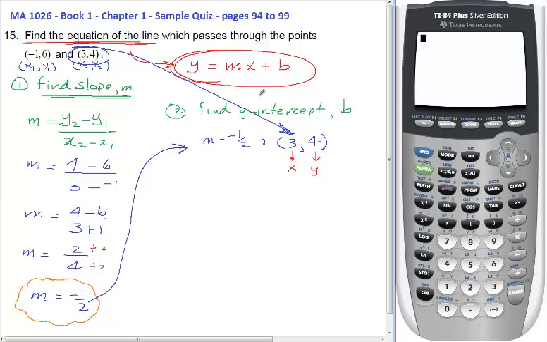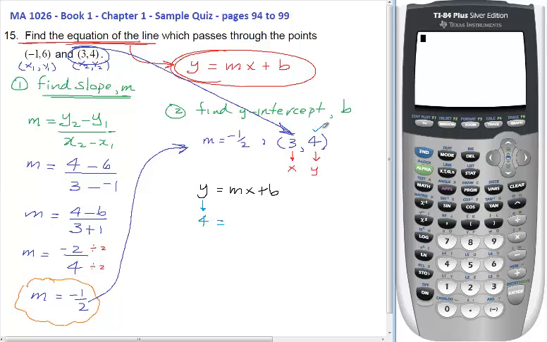So now I'm going to take the slope-intercept form, which is y equals mx plus b. Now substitute those 3 values in and solve for b. I know y, so 4 goes in for y.